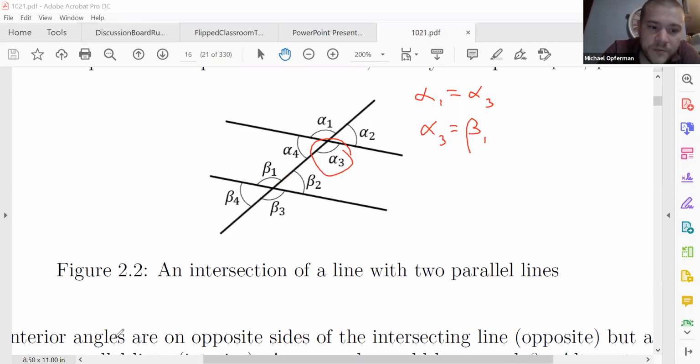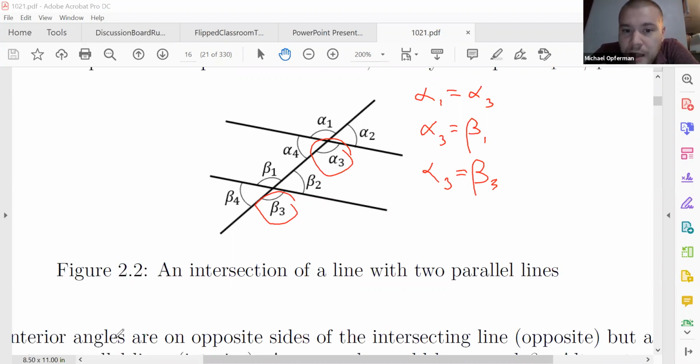Another example would be alpha 3 would also be equal to beta 3. Those are referred to as corresponding angles. Corresponding angles mean that they're not even just mirror images of each other, they're exactly the same actually.